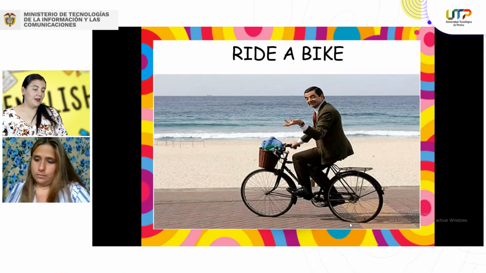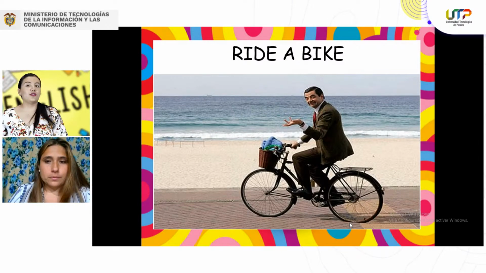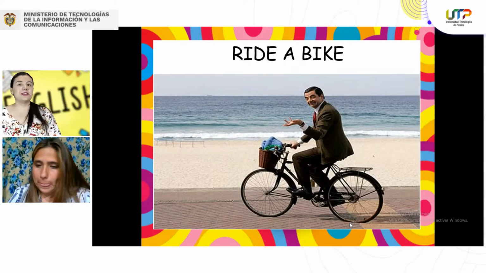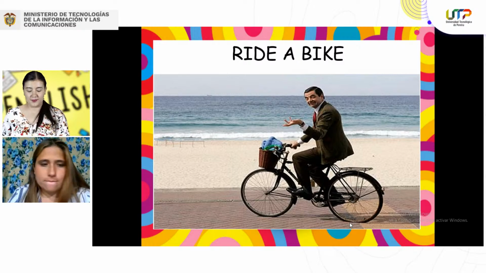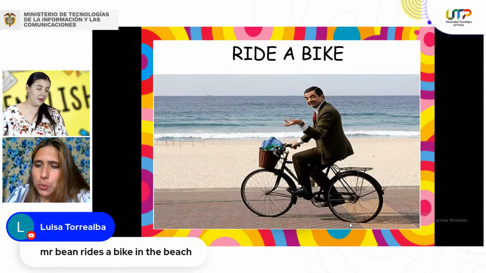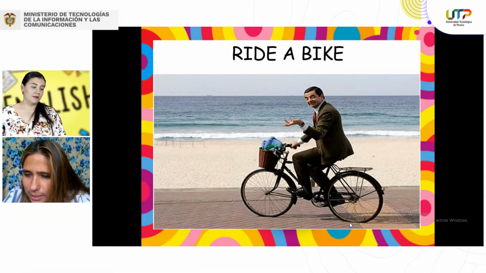Ok, muy bien. Profe, antes de continuar, ¿hay algún otro de nuestros estudiantes que hizo la oración con Mr. Bean para que la podamos leer? Yes. Camila, Mr. Bean sometimes rides his bike. Luisa, Mr. Bean rides a bike in the beach.